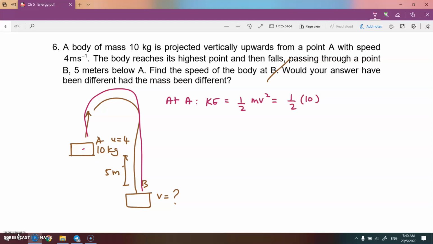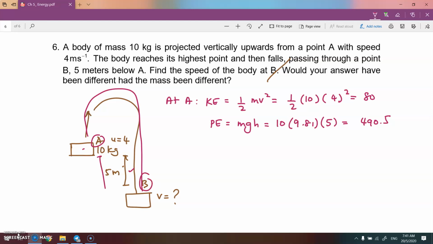So 10 kilogram, V is 4 squared, so you will get 80. Potential energy is mgh. So 10, 9.81, the height is 5 meter. So you will get 490.5.